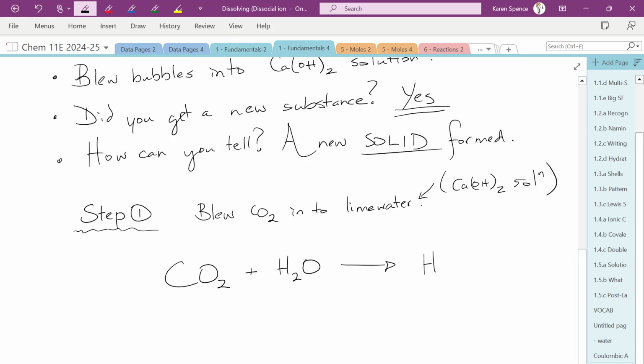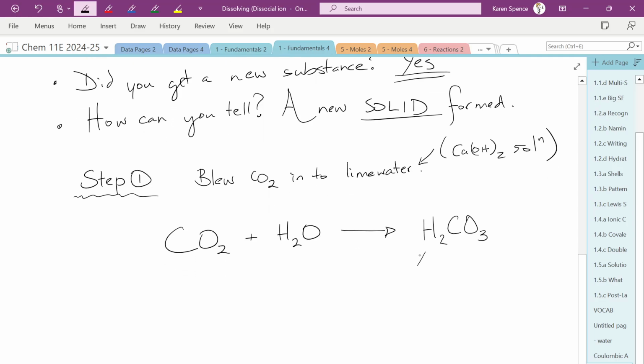We're going to put the H first. And what do we get? H, 2. How many C's? 1 C. How many O's? 3. H2CO3. I would like you to name that compound, please. You can use your pink sheet, okay?